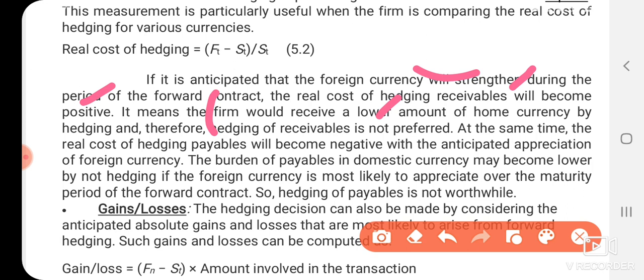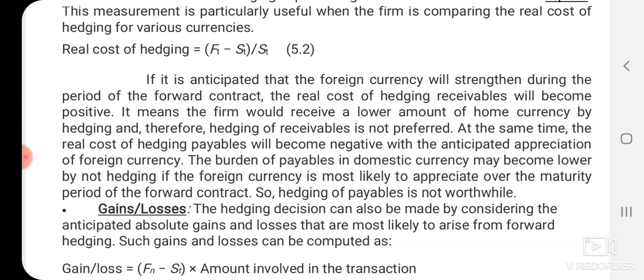See, if we follow the hedging technique, what is the main motto of this real cost of hedging? If any anticipated changes or fluctuations occur in the exchange rate, for example an appreciation in the foreign currency, then automatically we get losses and it is a burden on the Indian currency.